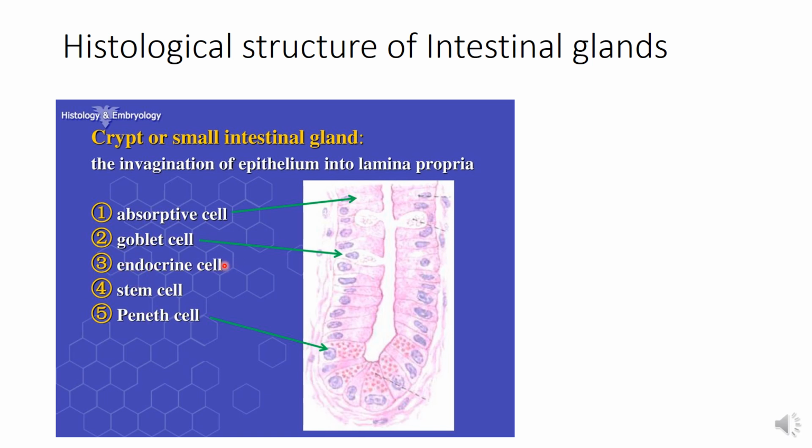Then the enteroendocrine cells, Paneth cells, stem cells, and M cells. So the sixth one is the M cells.